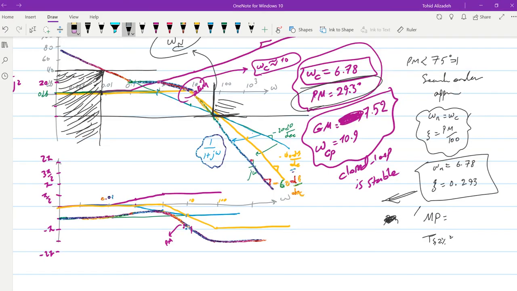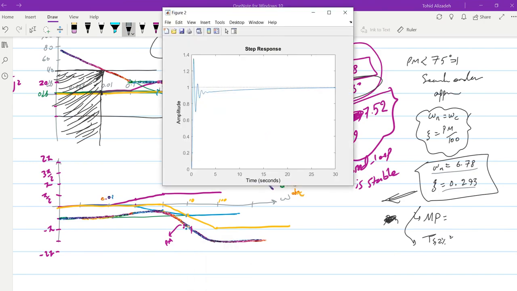You just need to plug the values into the formulas that we have for MP and the settling time. I would like you to do that, to plug the numerical values into the formulas and obtain them, and then compare them with the values that we have here.